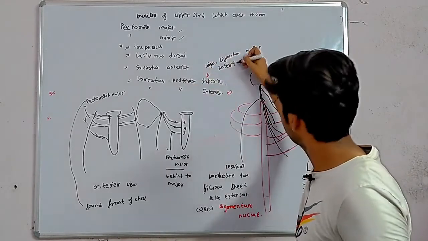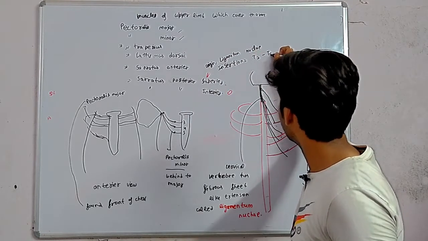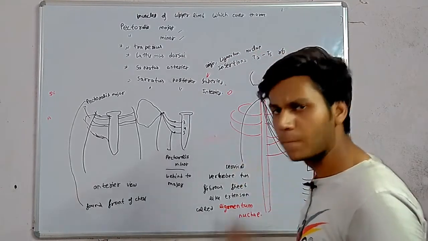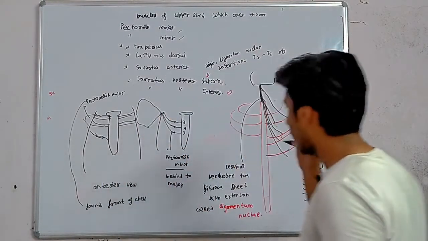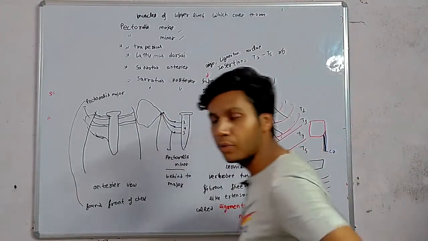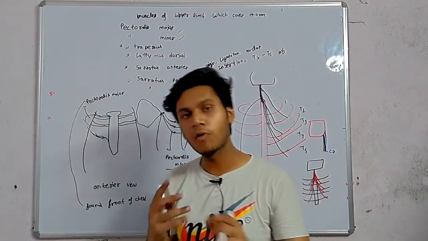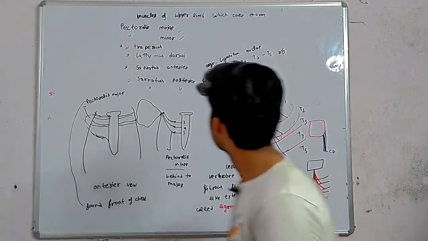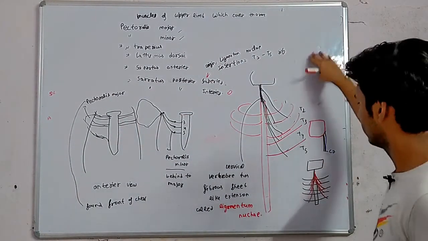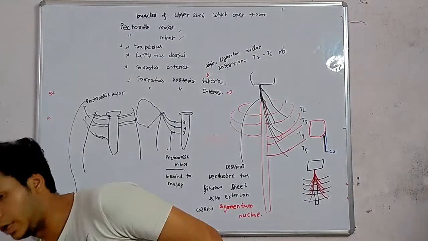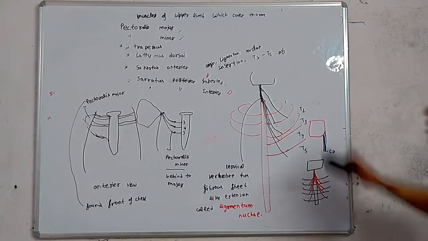Insertion is T2 to T5 ribs, posterior. Done. So we covered serratus posterior superior, present on the back. So this is a back muscle. It also covers 4 ribs. Now you can note if you want.